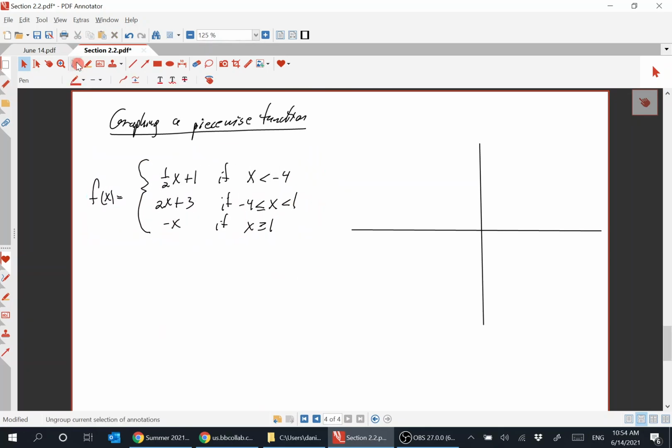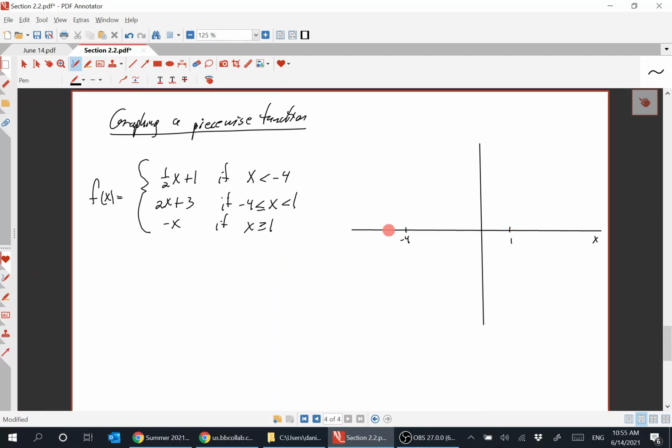So where are my three pieces of the domain? Well, I want x is less than -4. So we'll say -4 is right there on the x-axis. And then also at 1. So we change pieces at -4 and at 1. So here's 1.